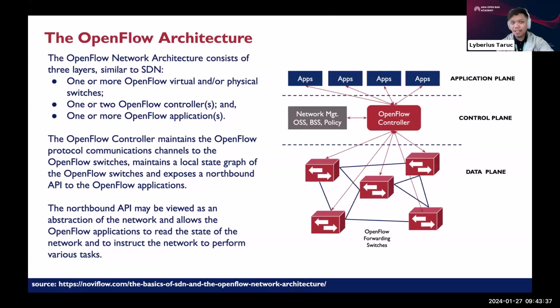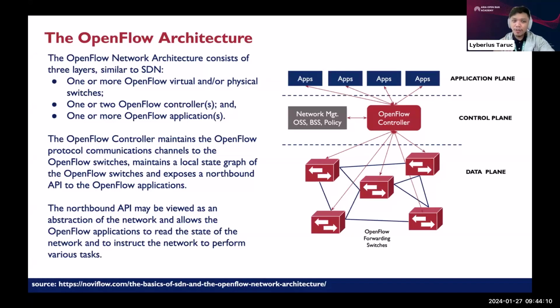And having said that, you'll notice now that the OpenFlow architecture completely mirrors how an SDN architecture would also look like. So in an OpenFlow architecture, you have your applications, you still have your control plane, and you also have your data plane. The only difference here is that instead of a generic controller, you now have the OpenFlow controller.